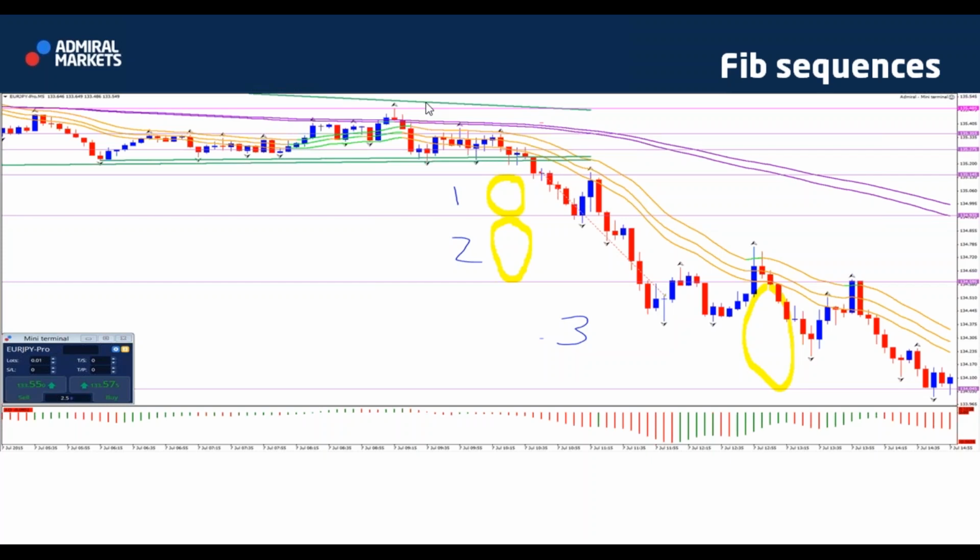So as you can see, though, logically, just to forget the numbers for a second, the further you get away from the starting spot, the bigger the zones and spaces become. And basically, there's a higher chance of price moving impulsively to the next sequence level when you get further away from the starting spot. In most cases, the magic level is the third one.